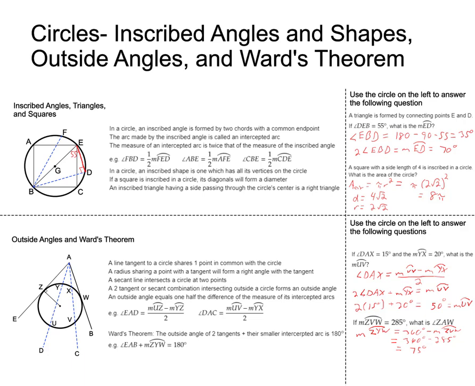Now we know that the measure of arc ZYW, which is the smaller intercepted arc, plus angle ZAW equals 180 degrees. So we can substitute in our value of 75 degrees to figure out that angle ZAW is equal to 105 degrees.